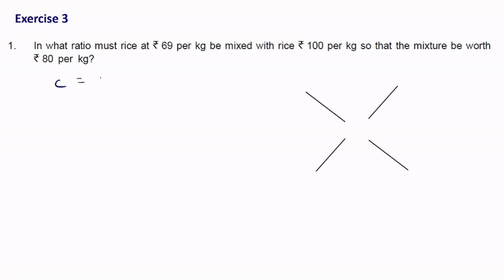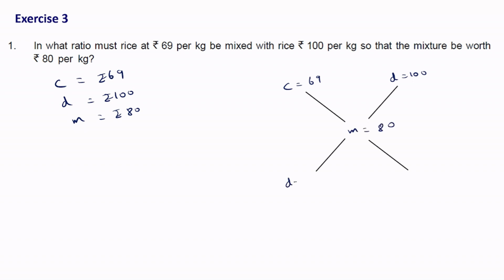So the cost of the cheaper ingredient is rupees 69, the dearer ingredient is rupees 100, and the mean price is rupees 80. Let us use the rule of alligation here. Here C is 69, D is 100, M is 80.